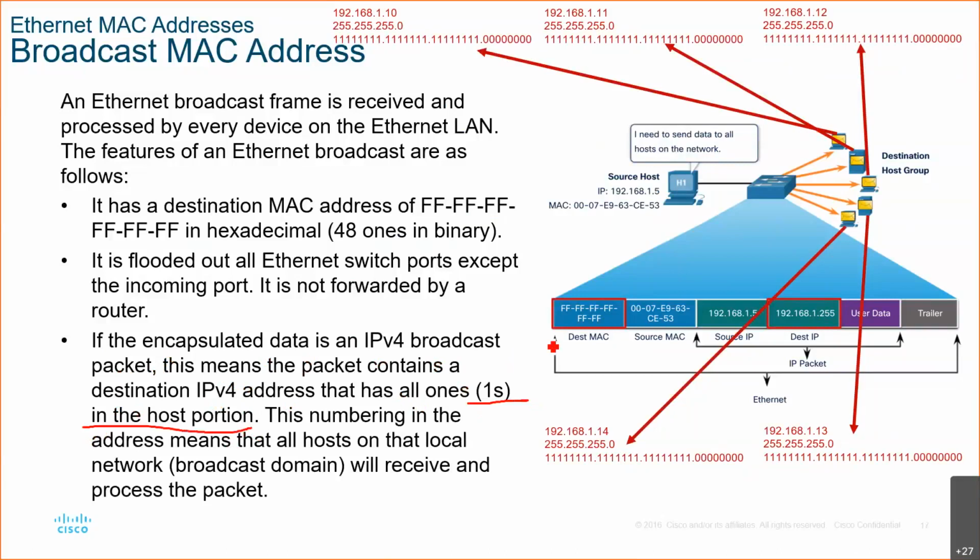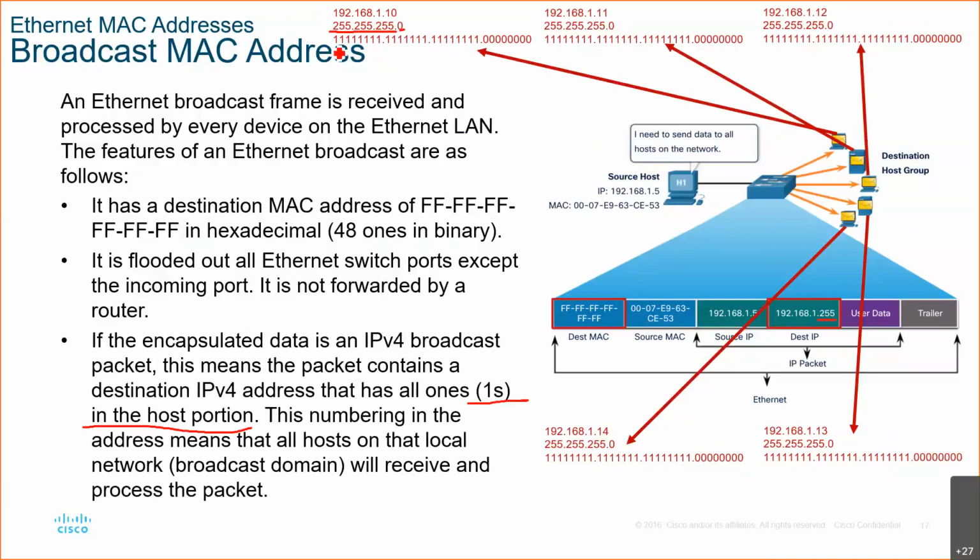That means if you are sending to a destination 192.168.1, and in the last octet you say 255, it's going to send to all the computers where the host portion is all 1s. For example, this computer is 192.168.1.10. What is the subnet mask? 255.255.255.0. So the network portion is 24 bits, and the host portion is 0.